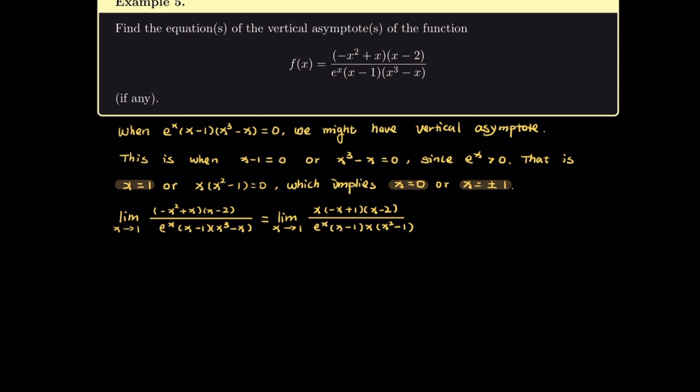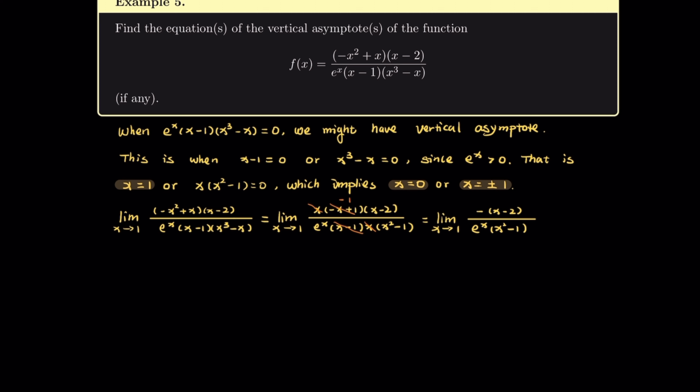Now we can cancel out some terms. x and x cancel out. 1 minus x and x minus 1, so this term and this term, they're negatives of each other, so we can cancel them out and are left with a minus 1. So finally, my limit becomes negative x minus 2 over e to the power of x times x squared minus 1.